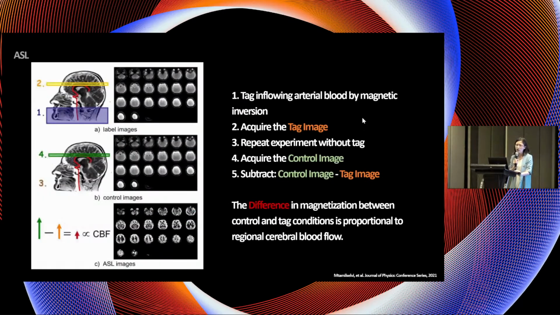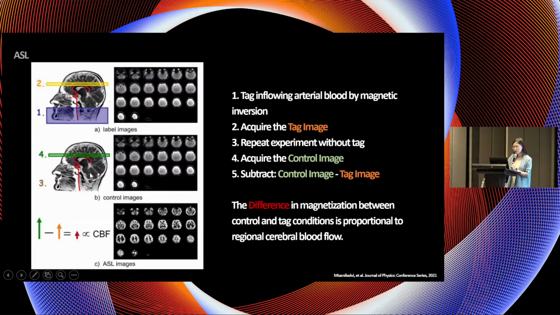So how can we obtain ASL? ASL uses arterial blood water as an endogenous tracer. We can tag inflowing arterial blood by magnetic inversion. We acquire the tag image. We can see the image here. The images are not very clear. And then we repeat the experiment without tag.